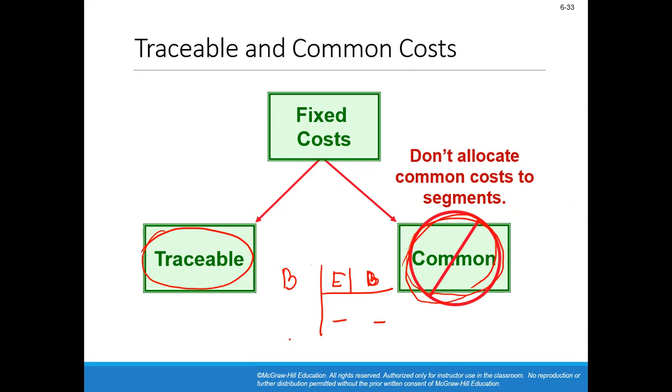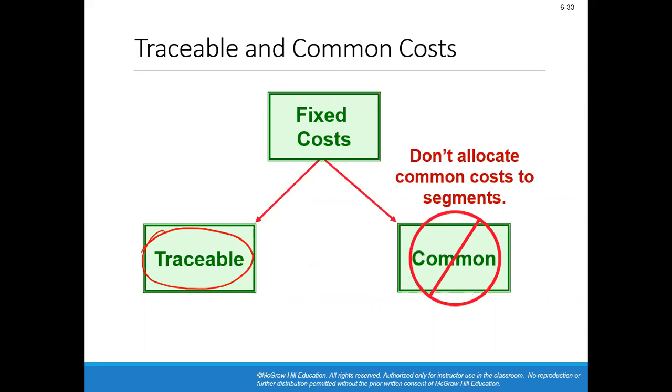So the payment of the pilot will be counted in the company-wide financials. We'll see together how it actually works. But one caveat is: do not allocate common cost to the segment.